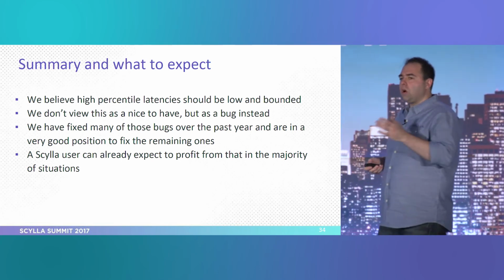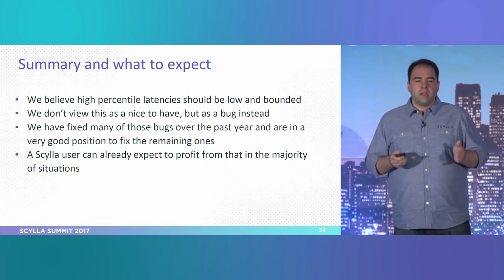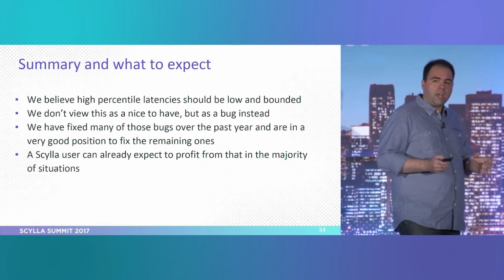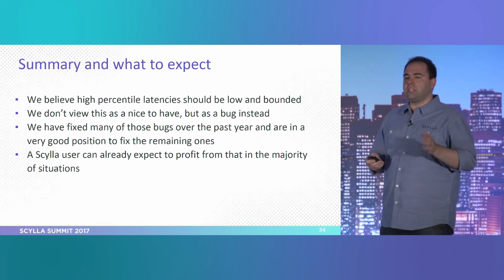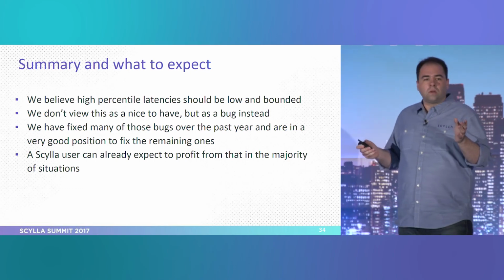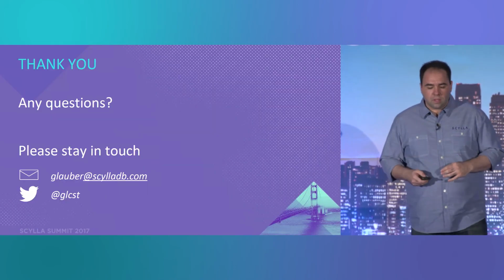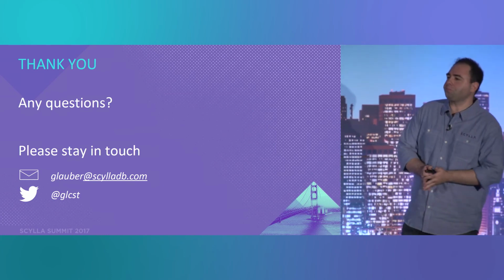And while there is a lot more to fix, software always has a lot more bugs to fix, right now, today, Scylla users are already in a great position to take advantage of that automatically in a wide variety of workloads.